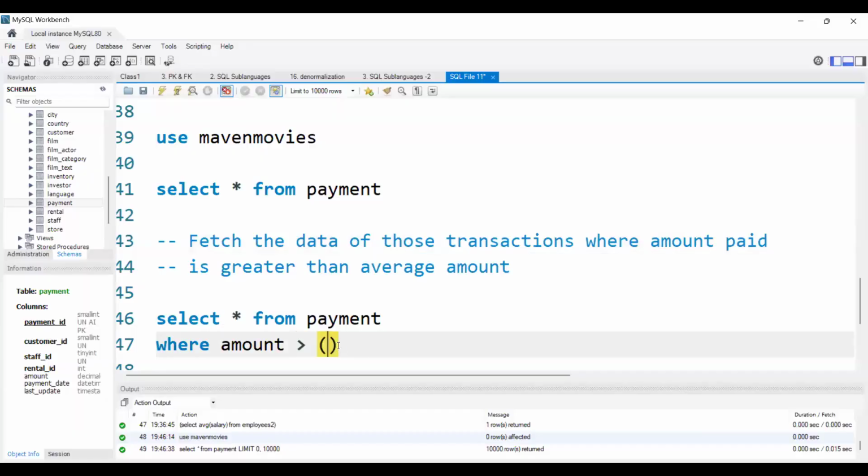a parenthesis and write select average amount from payment, right? Here, did I mention it or not?